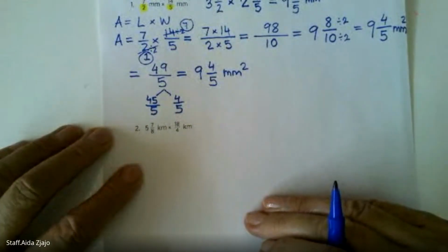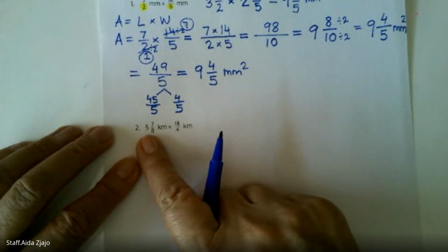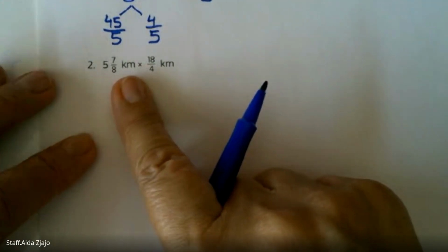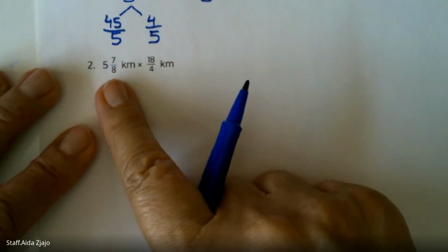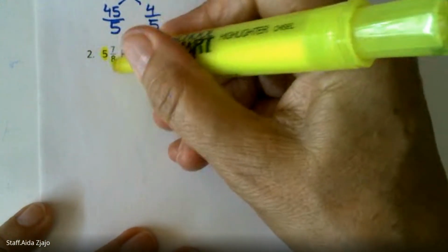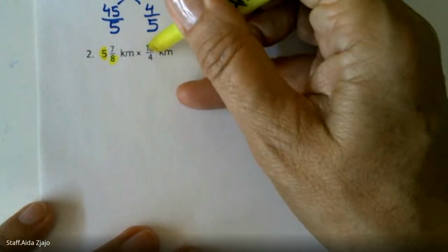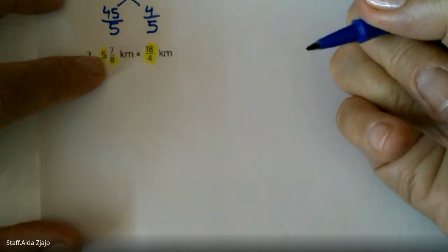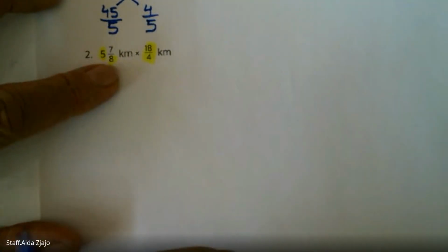Okay, so here we already have 5 wholes and 7/8 times 18/4. In this case, if you want to change the mixed number into fraction form, you need to change the 5 wholes into eighths, and then you can multiply with 18/4 after that. 8/8 makes a whole, so 5 times 8 is 40.